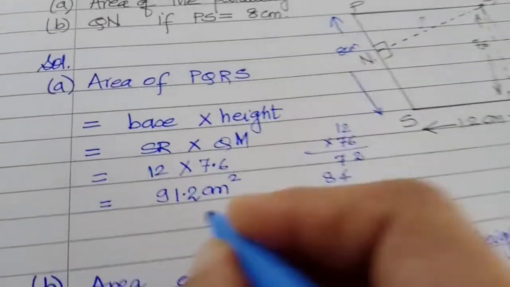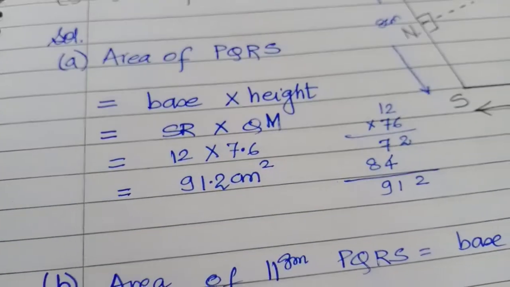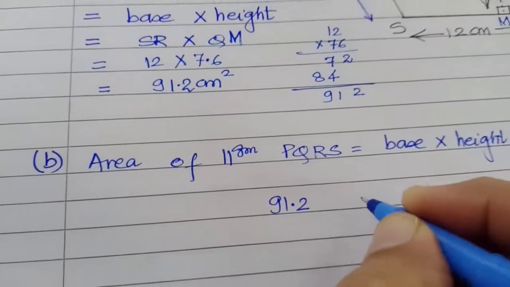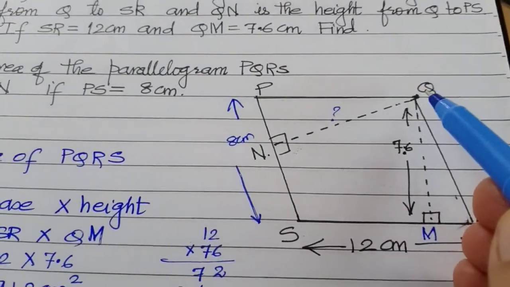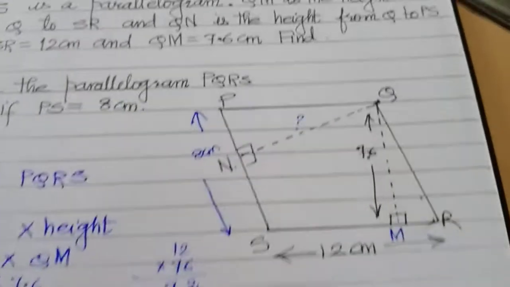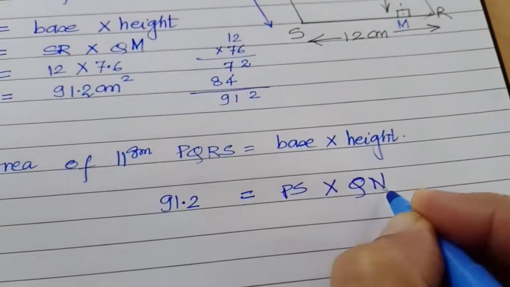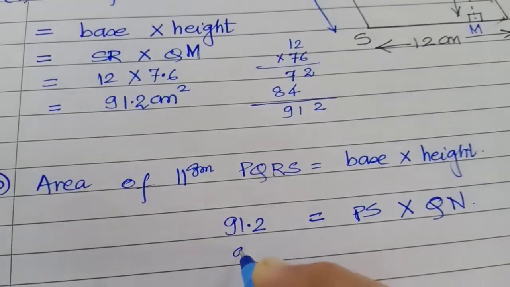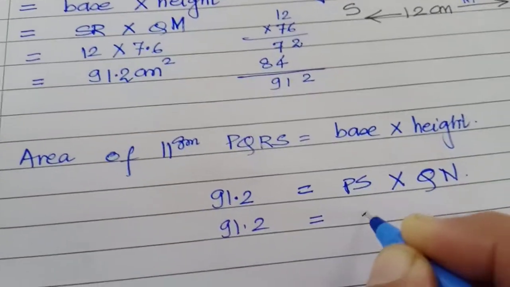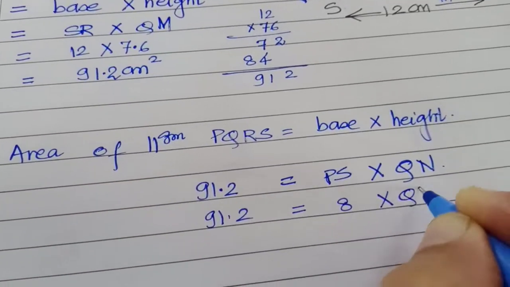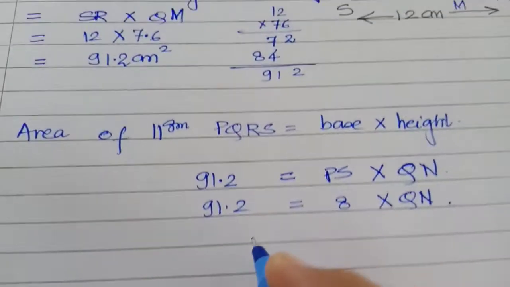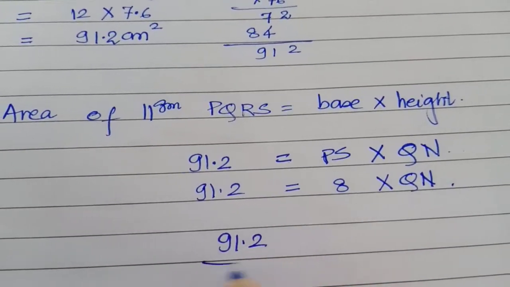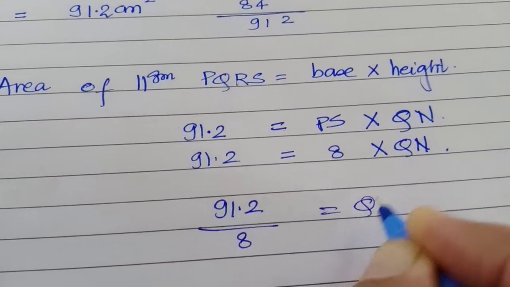And just now we have calculated the area of the parallelogram, 91.2 is equal to... Now if I take the base as PS, the altitude falling on it will be QN. So 91.2, PS is given as 8, and they are asking us to find out QN, the altitude. So 91.2 by 8 is equal to QN.